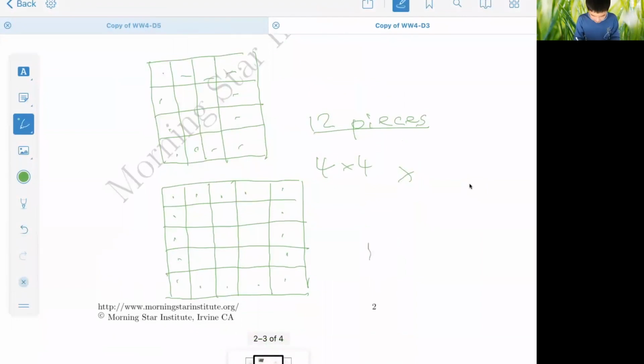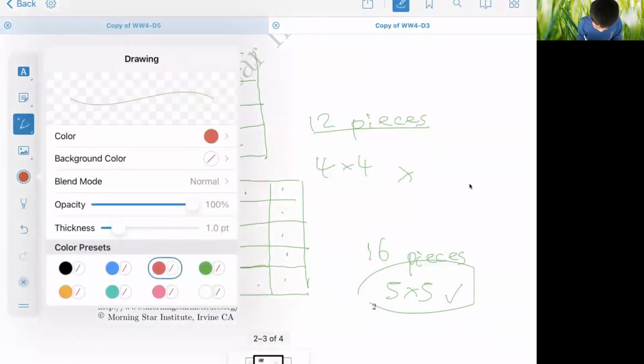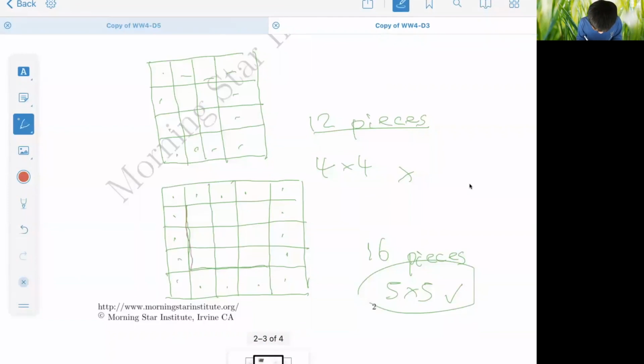So we get that he ate 16 pieces. So a 5 by 5 works. We can see that what he did not eat is inside this square in the middle. And there are 1, 2, 3, 4, 5, 6, 7, 8, 9. 9 squares of chocolate inside the middle.